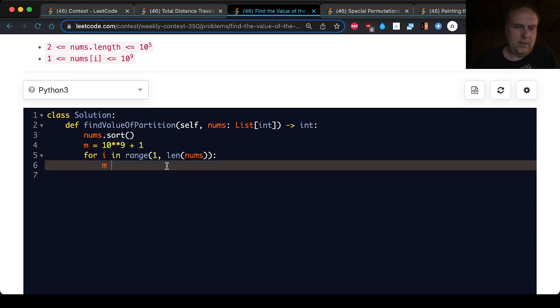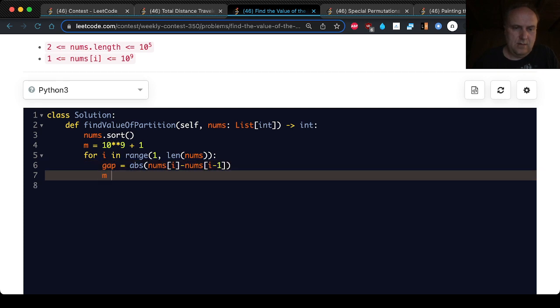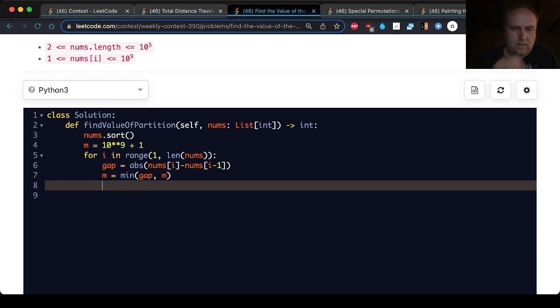So then it's going to be m. So let's say gap, abs of nums i minus nums i minus 1. Okay. And now m is going to be min of m and gap. Okay. Return m.